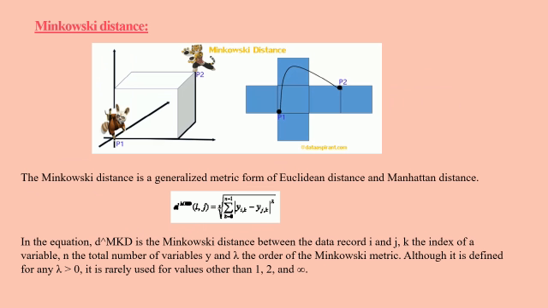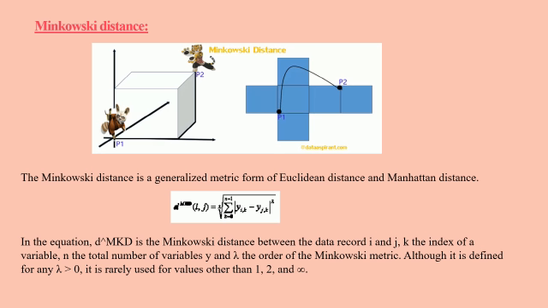Next is Minkowski distance. The Minkowski distance is a generalized metric form of Euclidean distance and Manhattan distance. In the above equation, d to the power of mkd is the Minkowski distance between the data records i and j, k is the index of a variable, n is the total number of variables, and lambda is the order of the Minkowski metric.